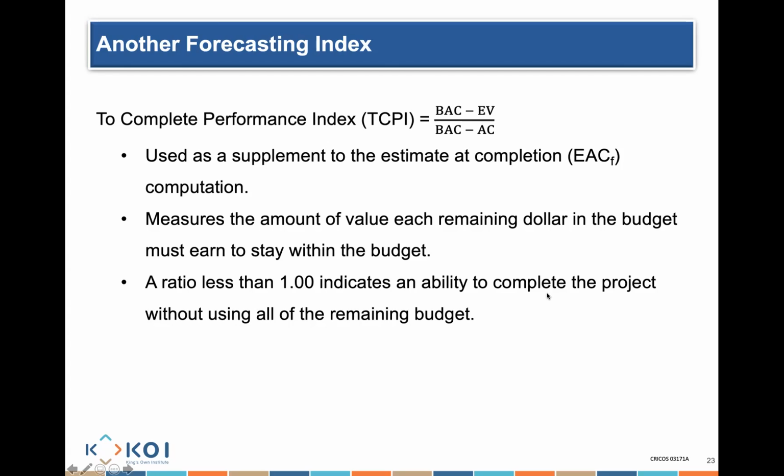But if the ratio is 3, it means for every dollar that I'm spending, I need to finish $3 worth of work. That's much more difficult to complete. So an index over 1 means there is much more work that I need to do. I need to work much harder to complete my project in the period that is required.